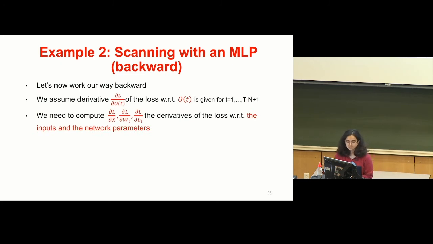Reiterating what I said earlier, we're assuming that the derivative of the scalar quantity L with respect to the outputs at every time step is known. That's just dou L by dou OT, and we want to compute dou L by dou X, where X is our t cross 1 input vector, and also dou L by dou Wi and Bi, which are the network parameters.